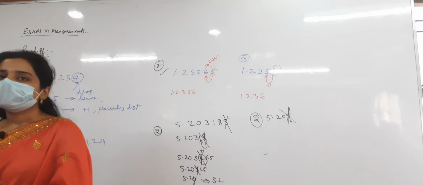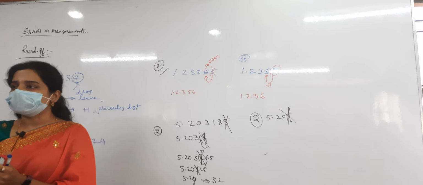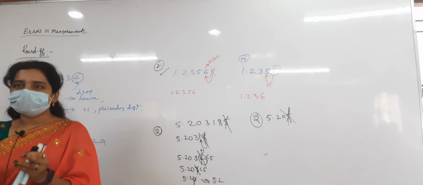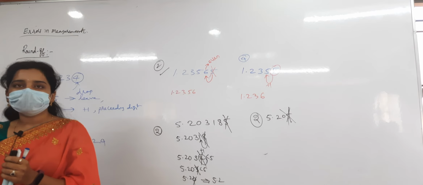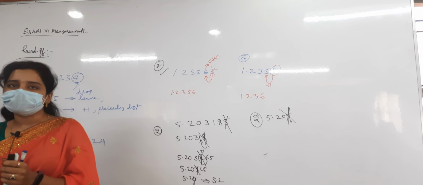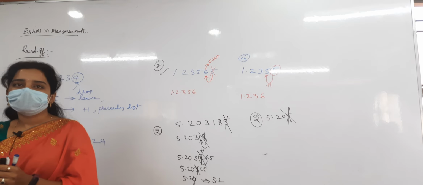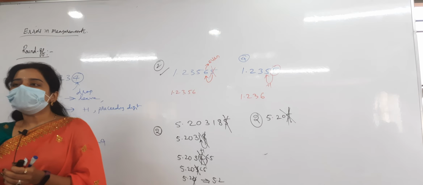For any rule, you have to observe the last digit. If that is less than 5, drop it and keep the remaining number as it is. Whenever it is greater than 5, observe the preceding number, add 1, then drop the last digit.